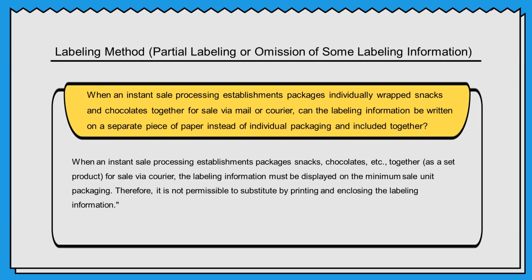This is partial labeling or omission of some labeling information. When selling snacks, chocolates, etc., packaged together as a set product for delivery, the labeling information must be displayed on the minimum sale unit packaging. It is not permissible to write the labeling information on a separate piece of paper and enclose it.